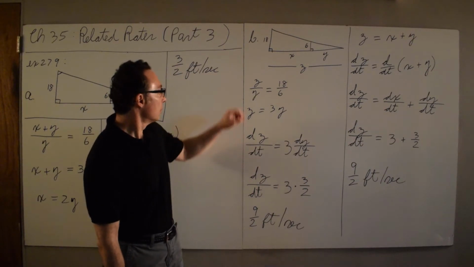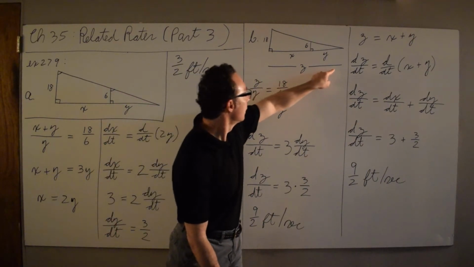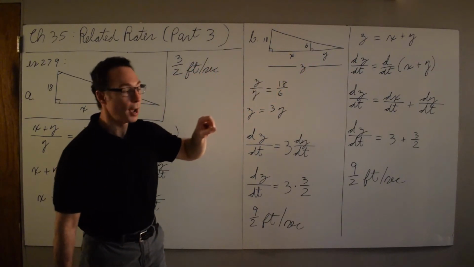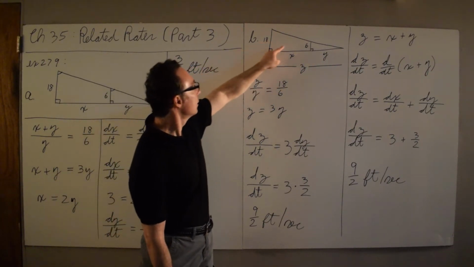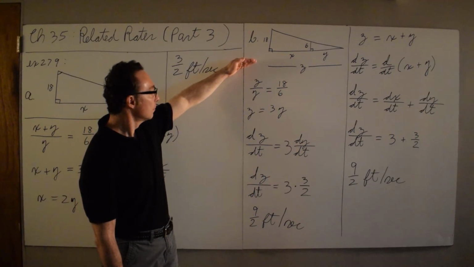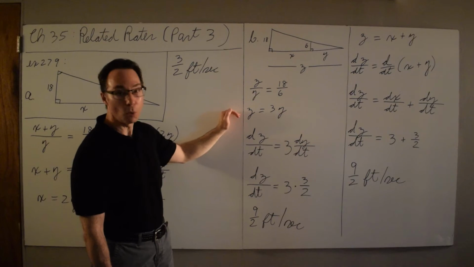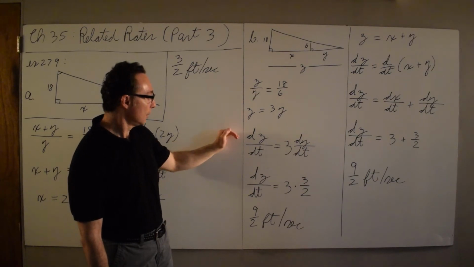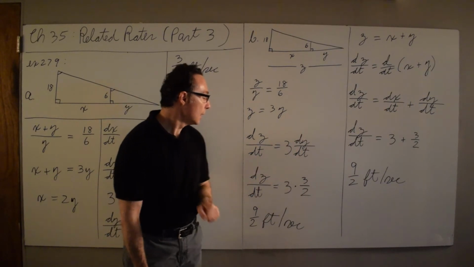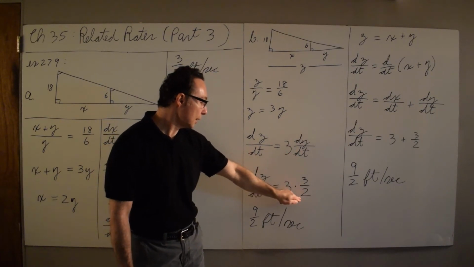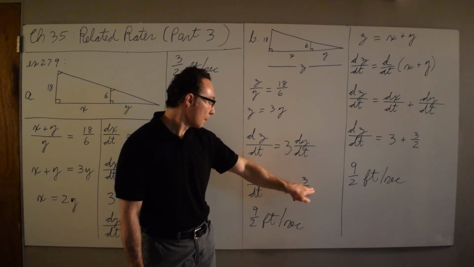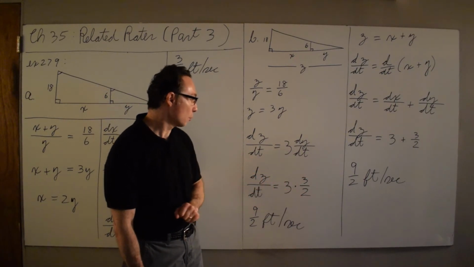So first we use similar triangles. So again, this z divided by y, the corresponding sides, is equal to 18 divided by 6, because we have similar triangles. That means that z is 3y, dz dt is 3 times dy dt. dy dt we calculated in part A. So this is 3/2 times 3.